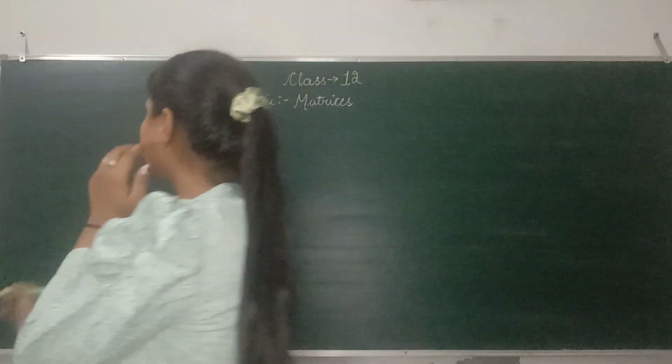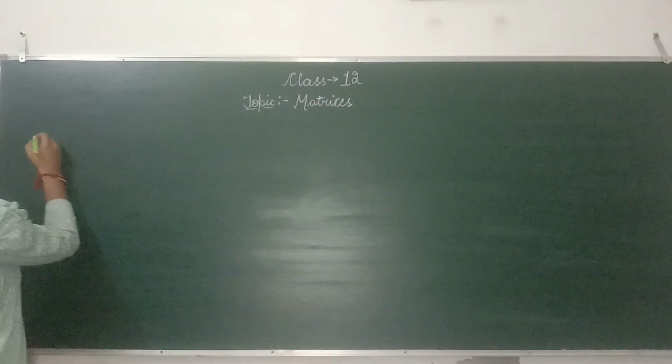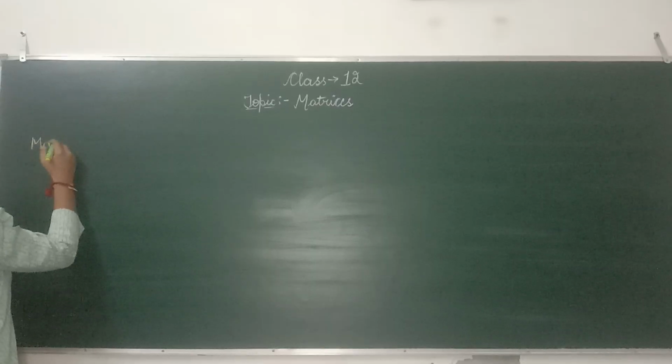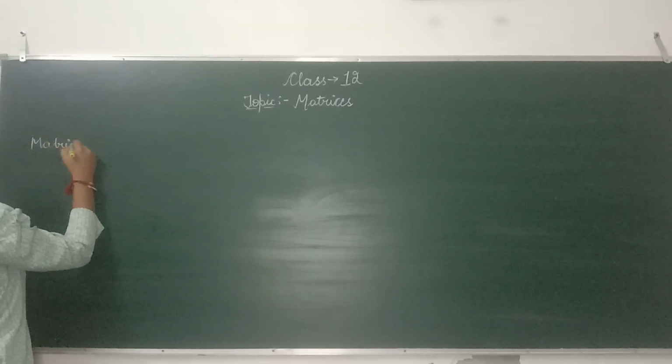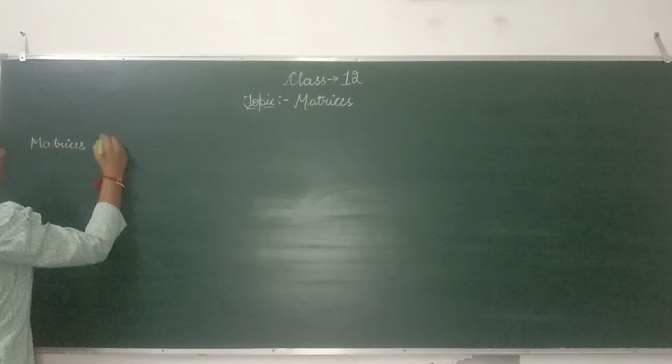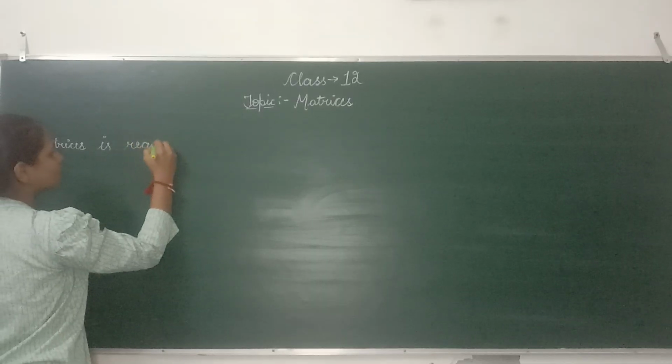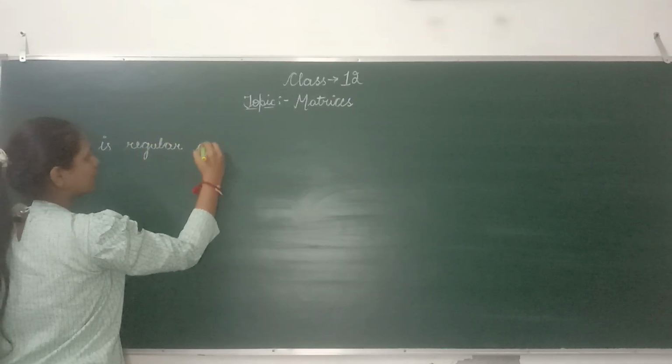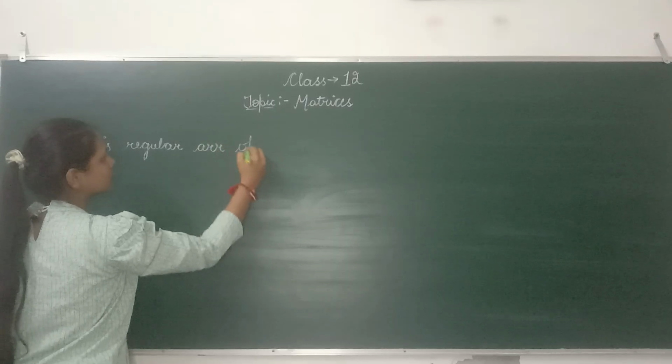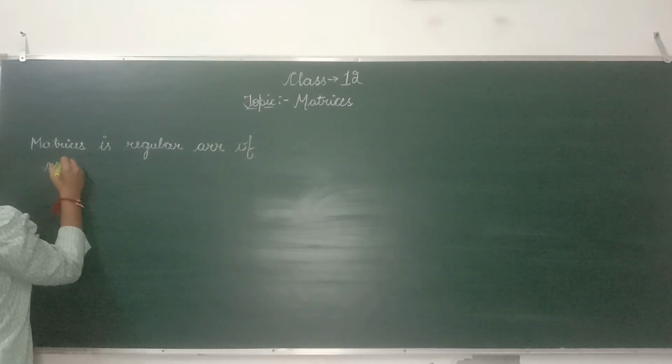As I have already told, a matrix is the regular arrangement of numbers in rows and columns.